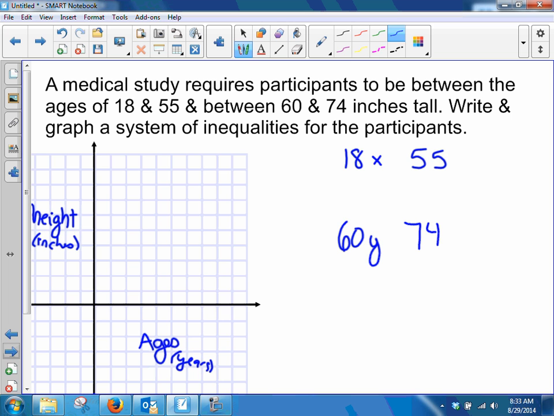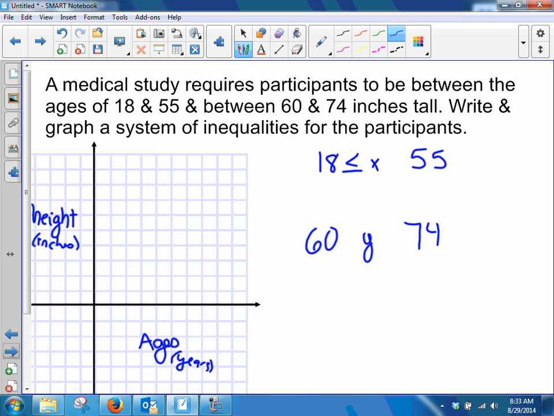Now, actually, let me move. All right, so how do my inequalities look then? This is my x, this is my y. You have to be older than 18, right? So 18 what to x? How does that relate? So x, yep, 18. So x is greater than or equal to 18.